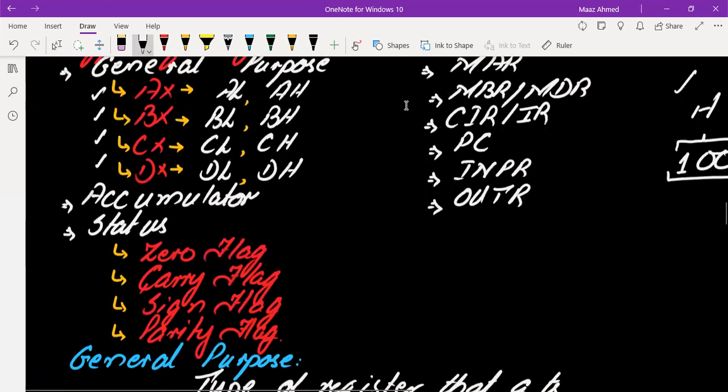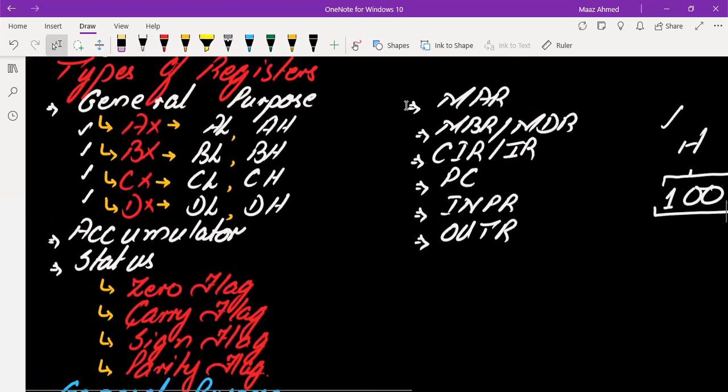So if I need to represent a complete byte, I will use an X. But if I need to represent just the high bits or the low bits, I will represent it by an H and an L. Am I clear till this point?